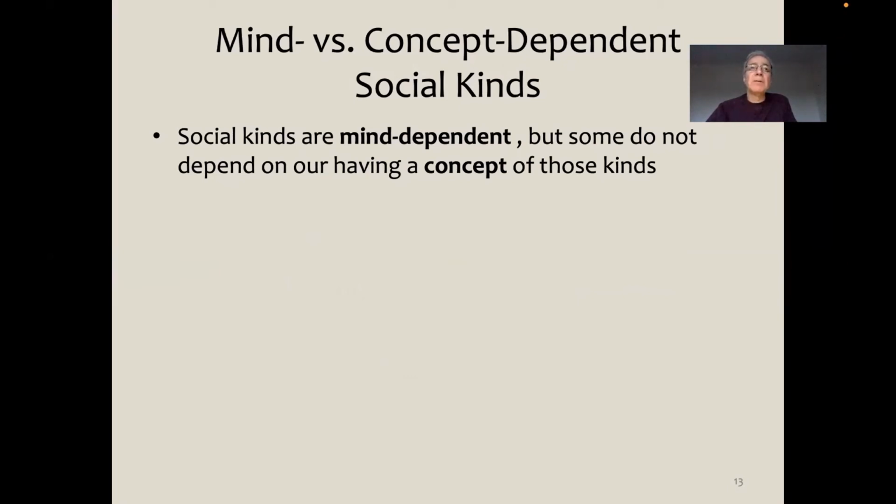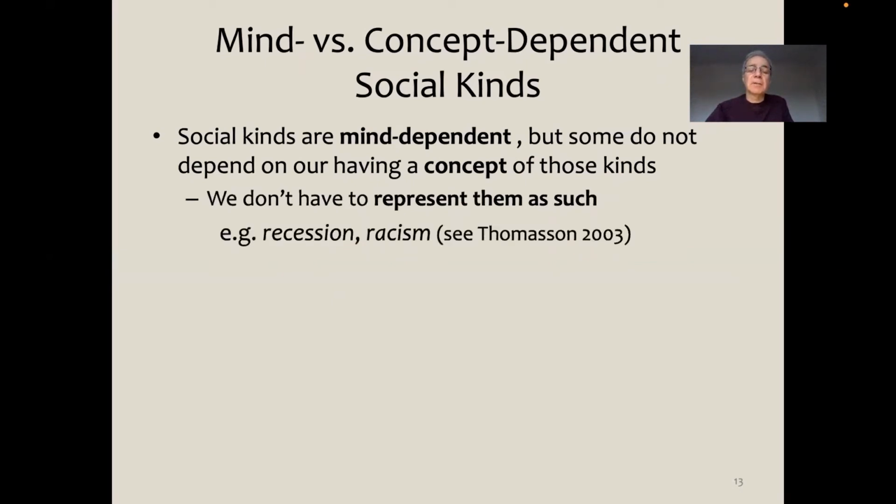But one interesting thing about social kinds is that some of them seem to depend on our having a concept of those kinds, and others don't depend on our having a concept of those kinds. So in some cases, we don't have to represent the kinds as such.